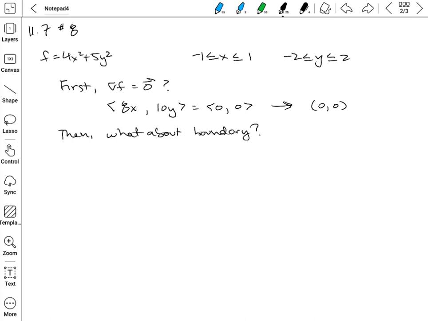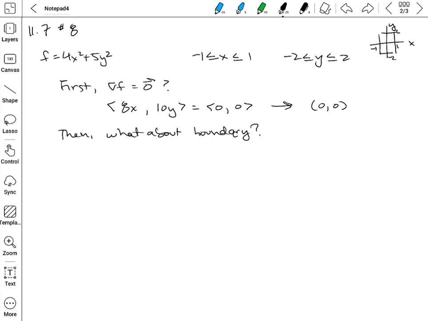Then we ask ourselves, what about the boundary? And that's going to be these ranges given to us for x and y. So for us, we're thinking about this rectangle where x goes from -1 to 1 and y goes from -2 to 2.